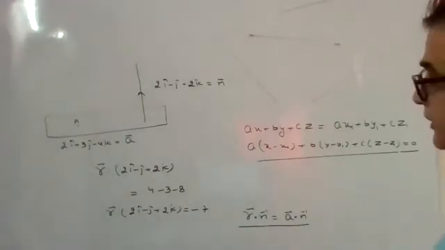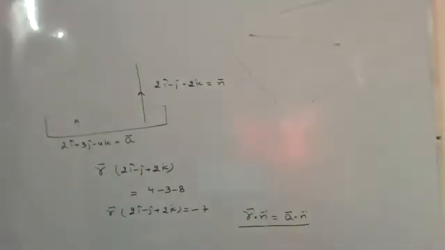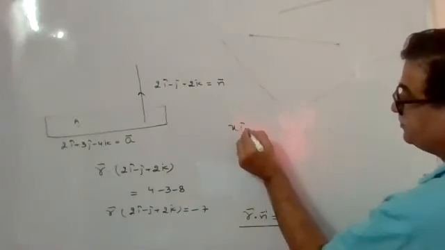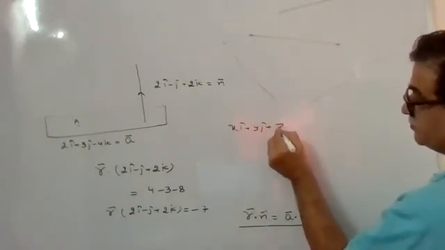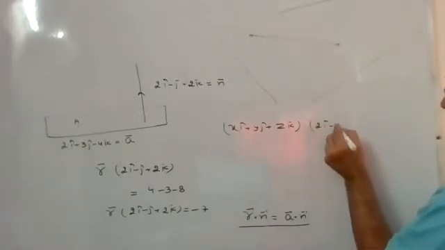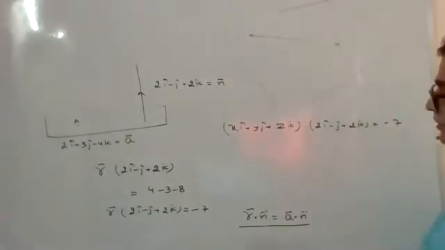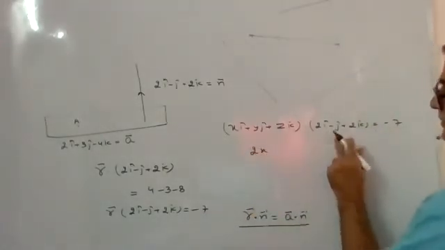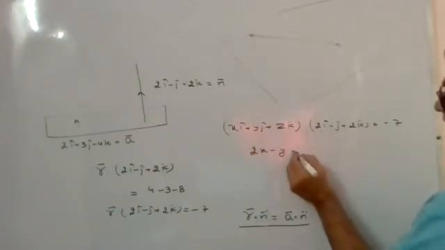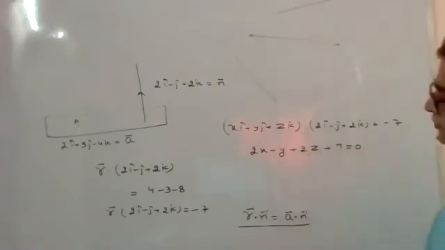If they say convert this into Cartesian form, can we do it? To make it Cartesian, write r as xi plus yj plus zk, dot 2i minus j plus 2k, is minus 7. Then the equation that comes is 2x minus y plus 2z plus 7 equals 0.